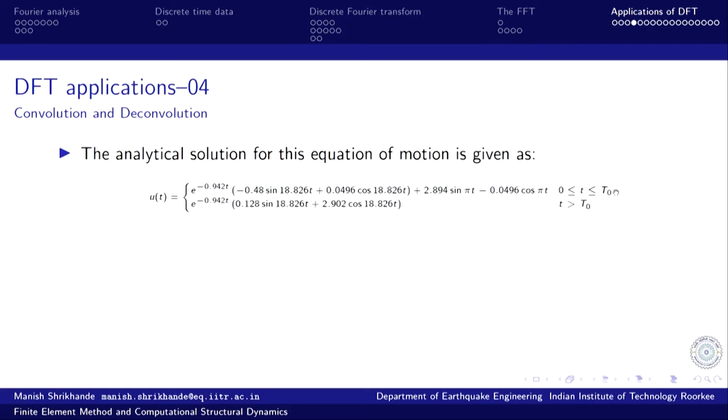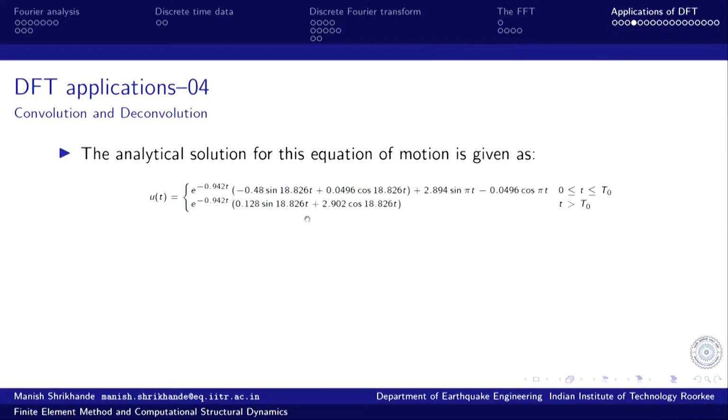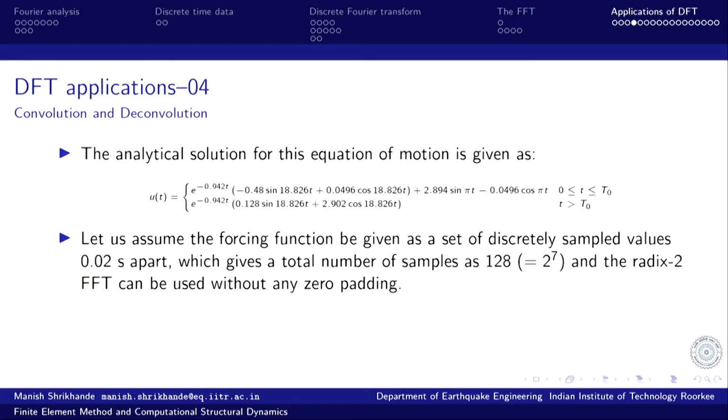At that particular instant, whatever is the displacement and velocity will become the initial conditions for the free vibration response, and this second half solution is for that free vibration era, for times greater than t naught. And this is the analytical solution. Of course, it is a simple problem and we can solve this differential equation analytically.